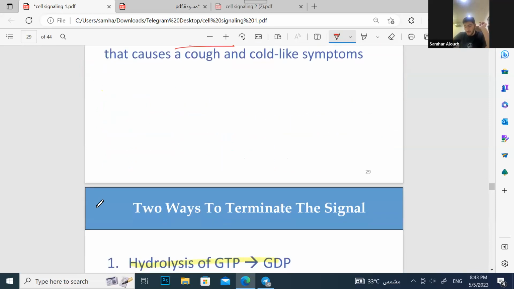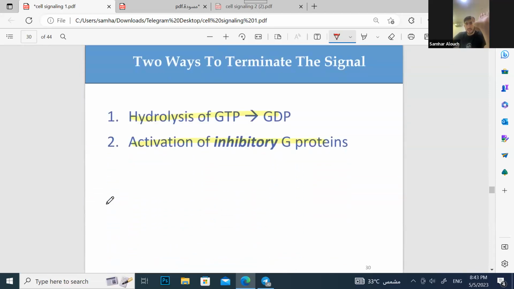So let's get into each one. First, as I said, we have two ways. We actually have four with adenylate cyclase, but mainly for the G protein, we have two ways of inhibiting it. First, hydrolysis of GTP to GDP, which is by GEF or GAP, mainly GAP. When we convert GTP to GDP, everything is inhibited, or inactive.